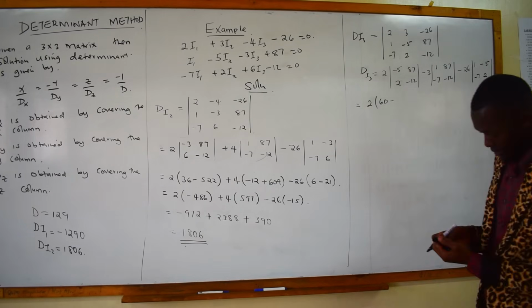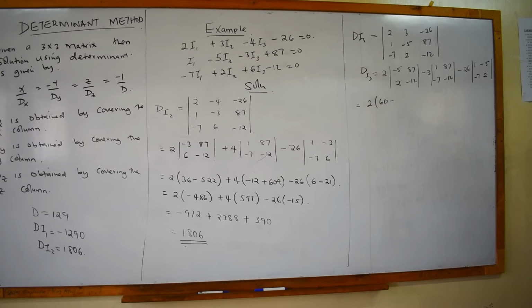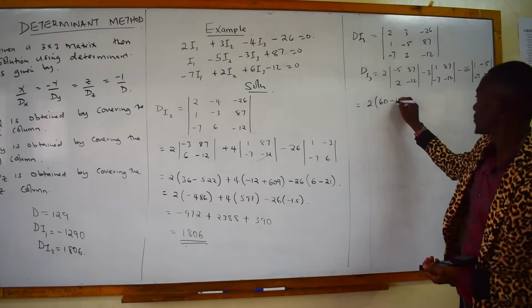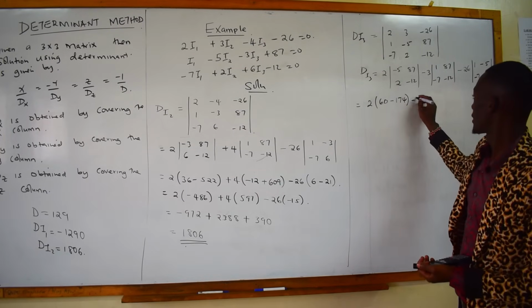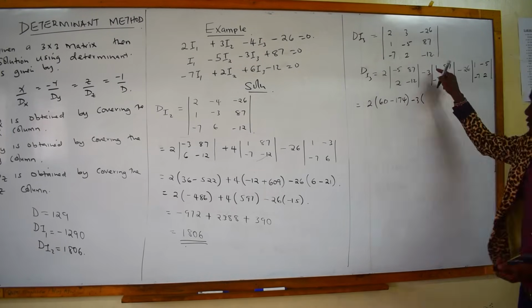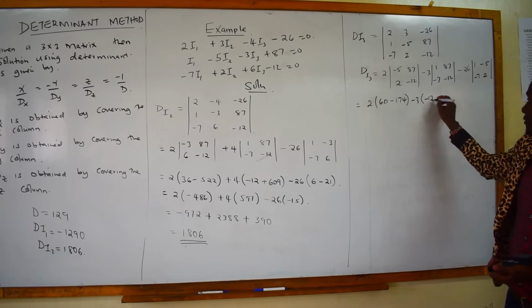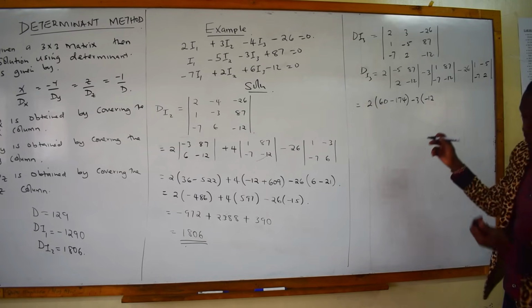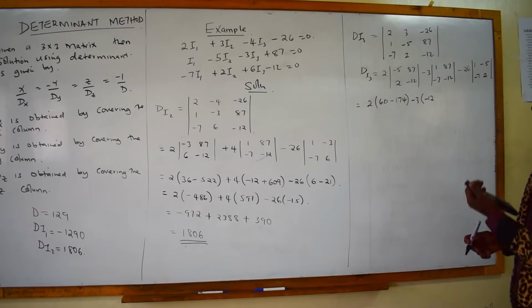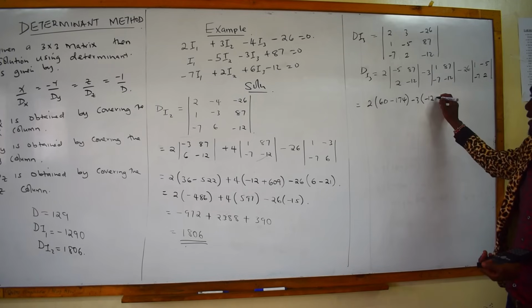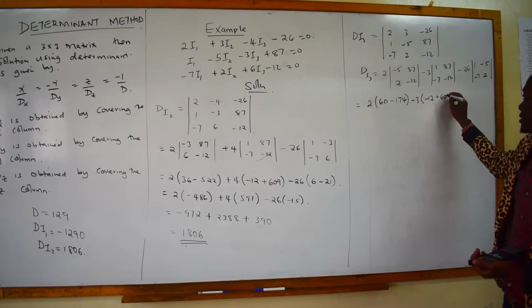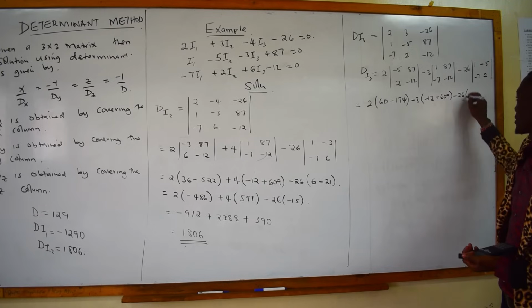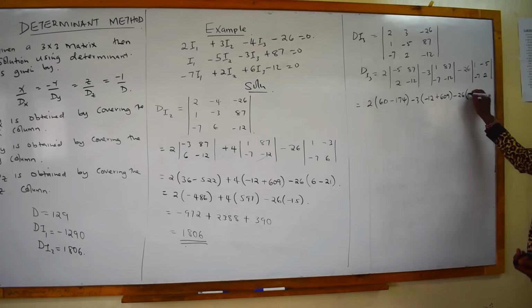Then subtract 2 times 87 gives you 174. Then negative of 3. Negative 12 times 1 is negative of 12. Then you have 7 times 87, which gives you negative of 609, but you have a negative here, so this one becomes positive 609 minus 26. Then you have 2 times 1 is 2.